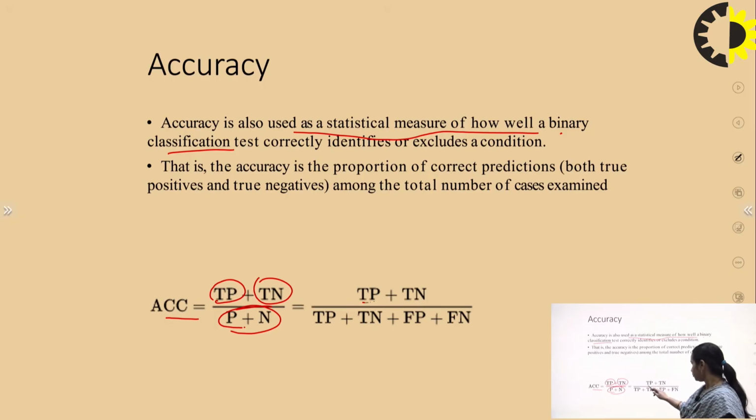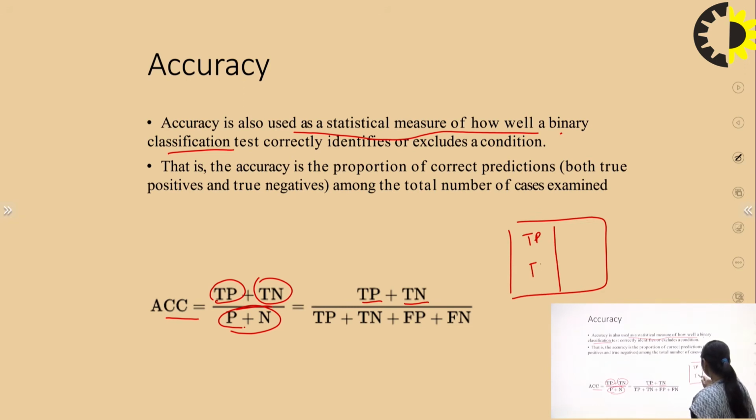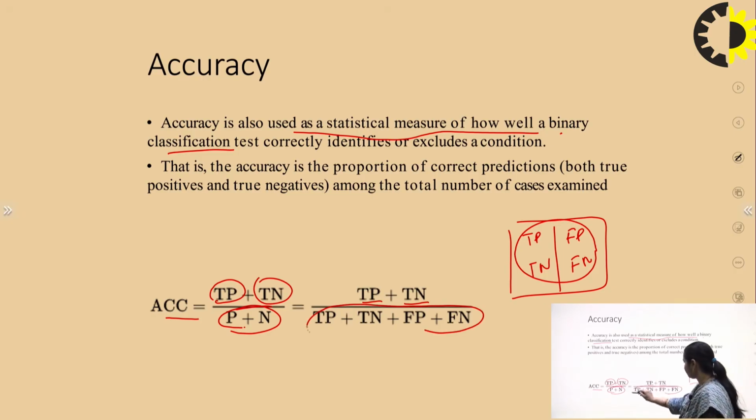In the confusion matrix, we have some true positive, some true negative, some false positive, and some false negative. The sum of all these is the total, and the addition of true positive and true negative is set as accuracy.